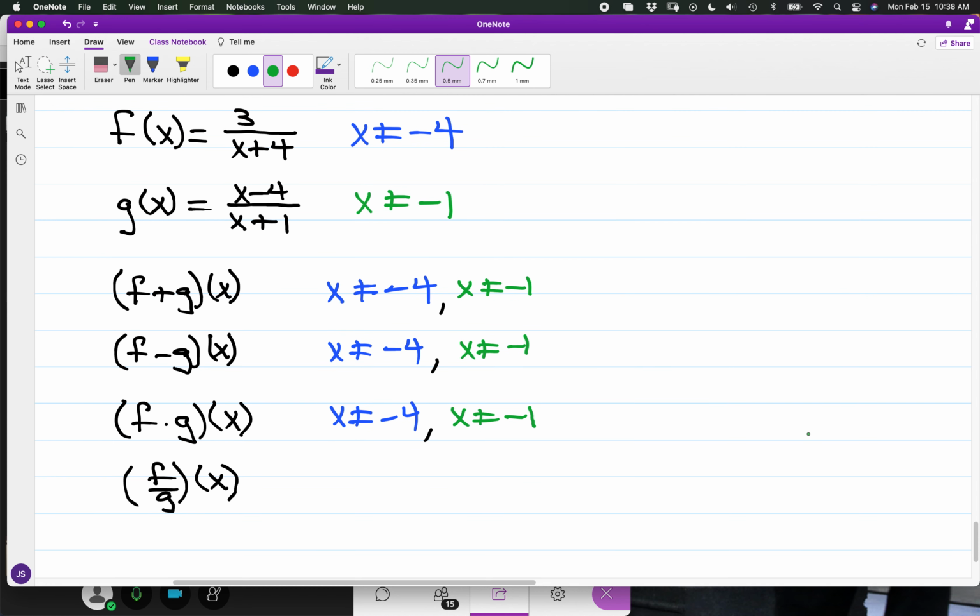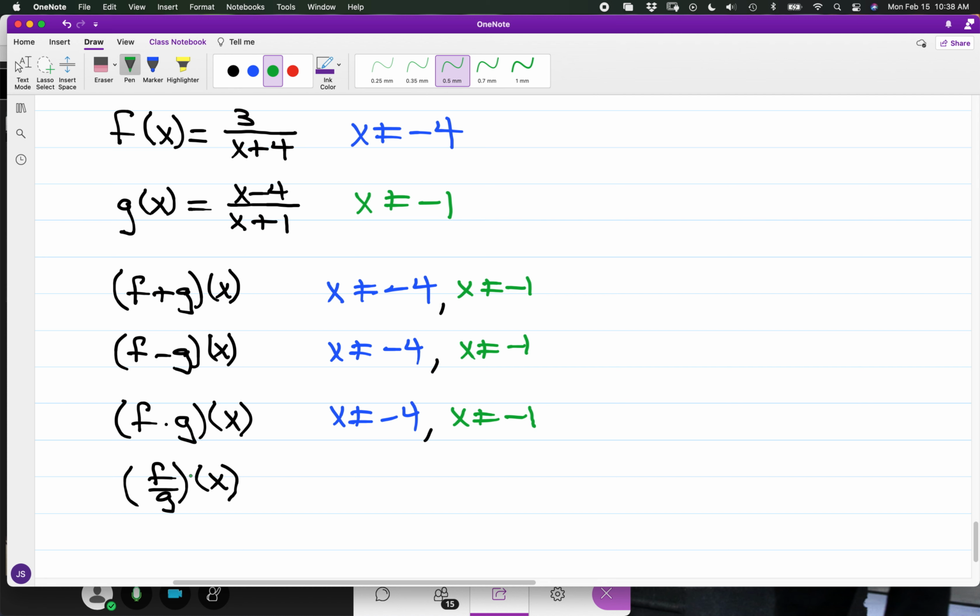So the sum, difference, and product functions have the same domain, formed by combining the restrictions applied to the individual functions involved. To work with f of x throughout, x cannot be negative 4, and to also work with g of x, x cannot be negative 1 either.